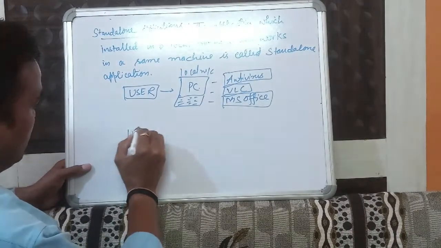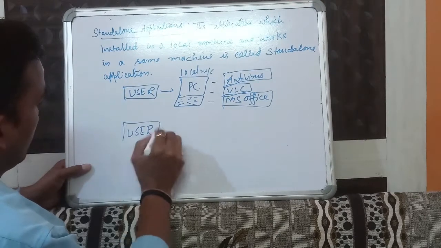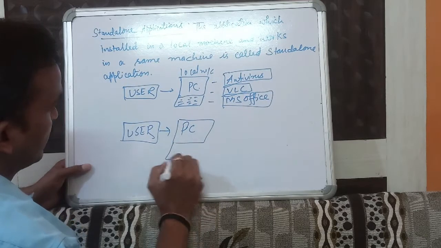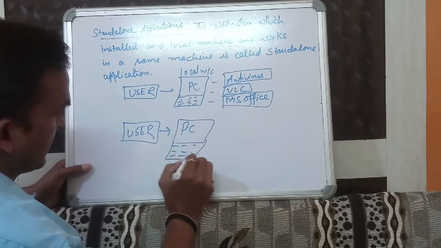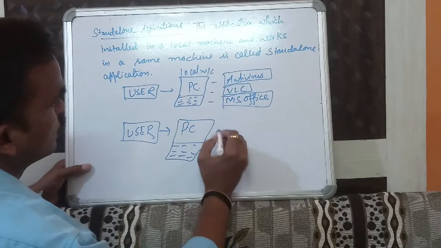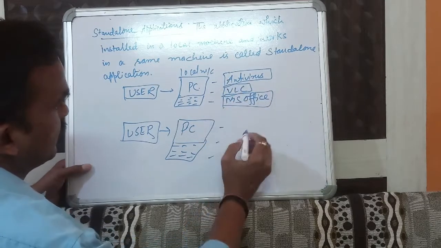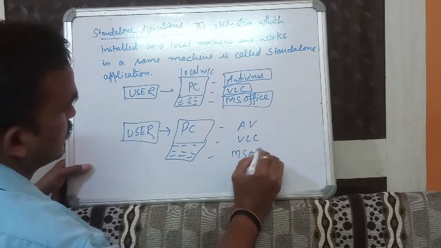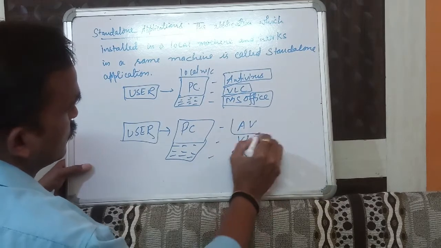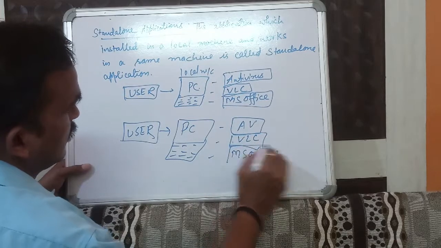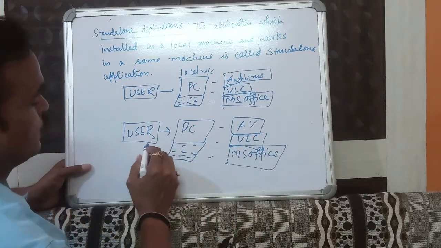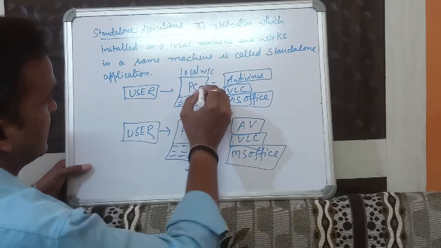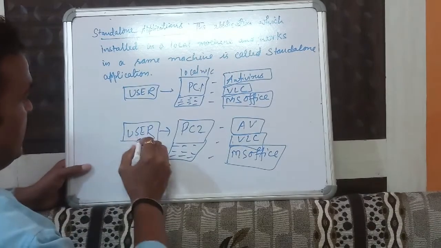Suppose there is another user and that user also has one PC, and he also needs to install the same software: antivirus, VLC and MS Office. So he has to install all the software again on this PC, that is PC1 and PC2.